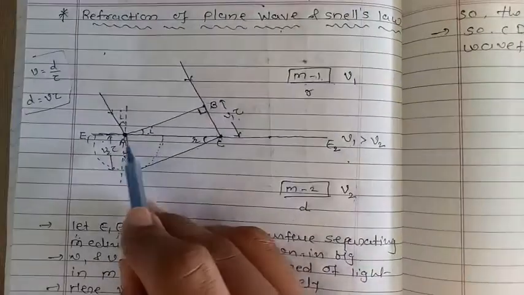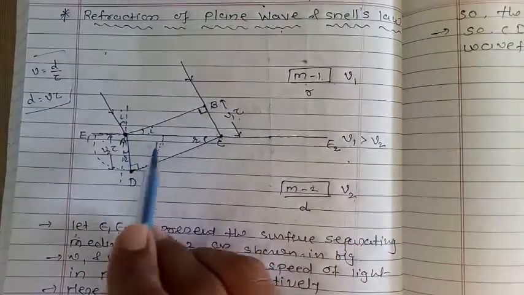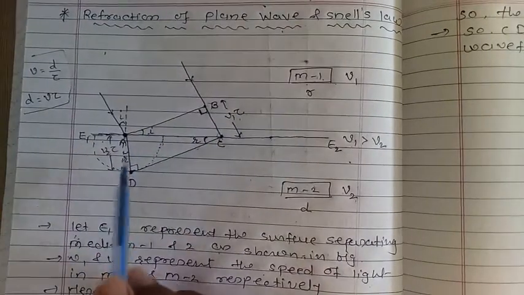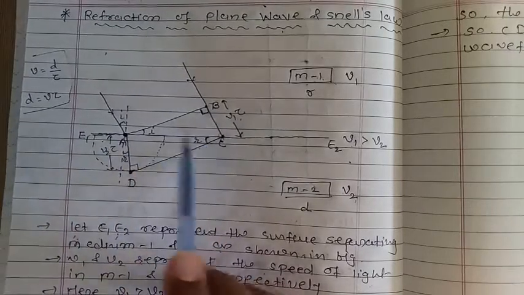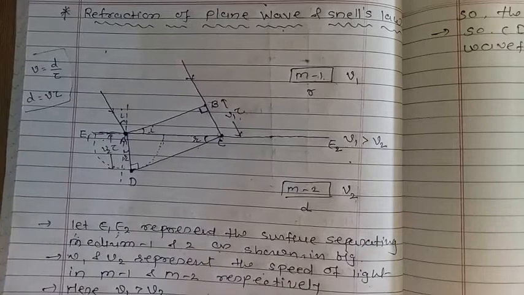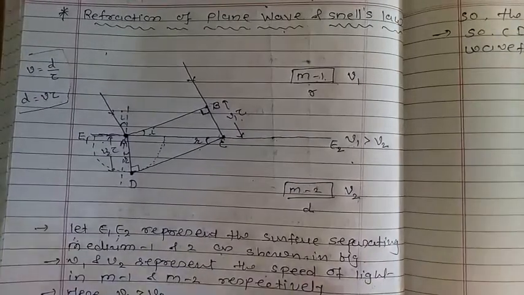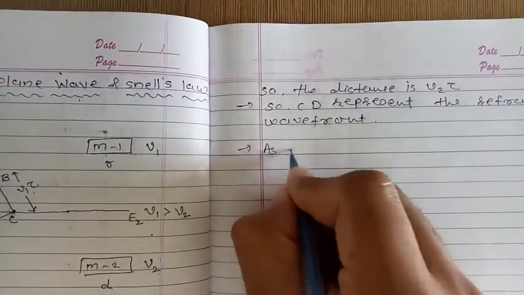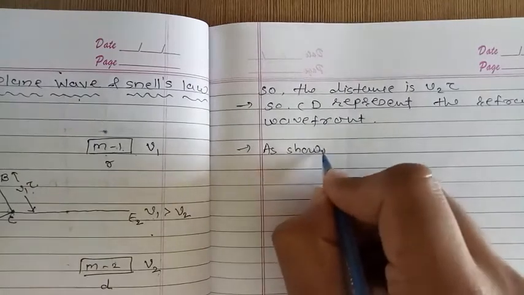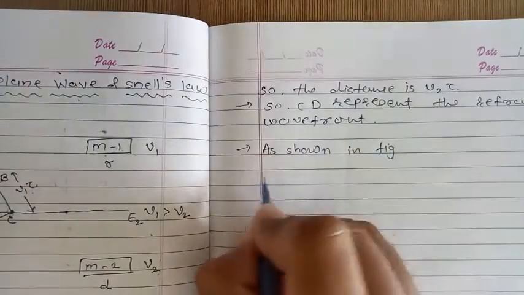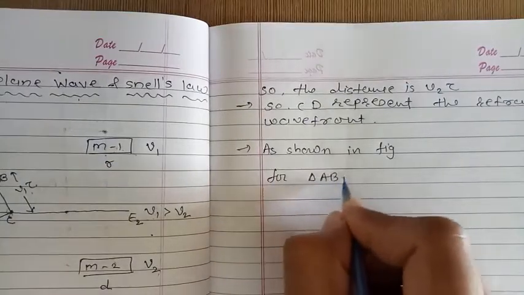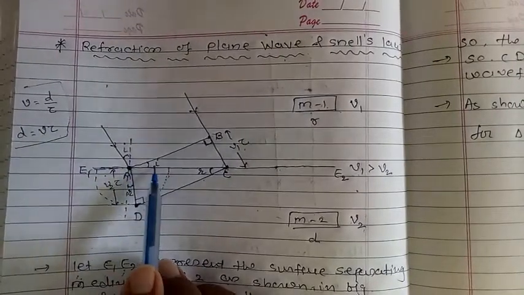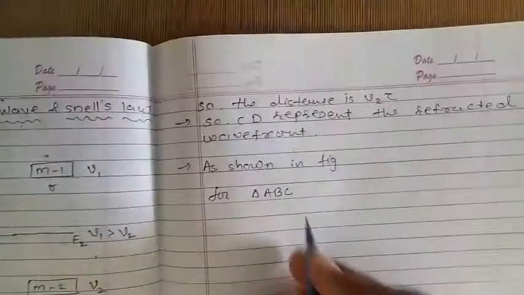So here for triangle ABC, we use sin I. Sin I is equal to BC upon AC, right? And for triangle ADC, sin R is equal to AD upon AC, right? So as shown in the figure, for triangle ABC, once again, sin I is equal to BC upon AC, right?